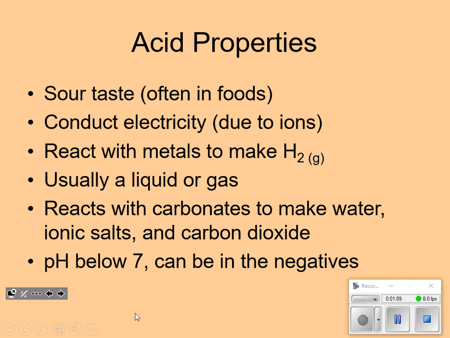Lastly, the pH scale is something that we very briefly touch upon in Chem 1. We will go much more in detail starting next week with calculations dealing with pH. But below 7 on the pH scale at normal conditions would be considered to be an acid. I do mention on the end of this slide, however, that you can have acids in the negative values.